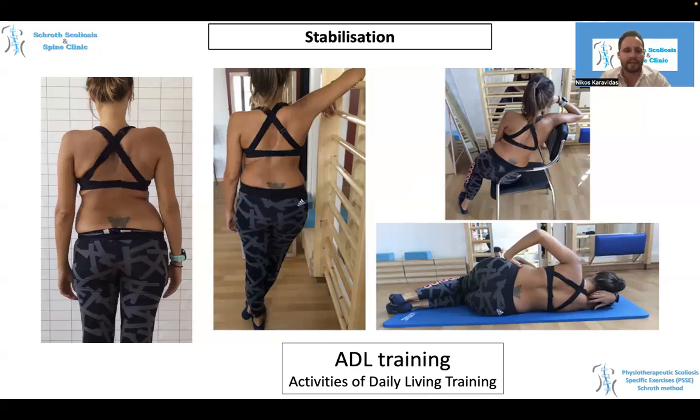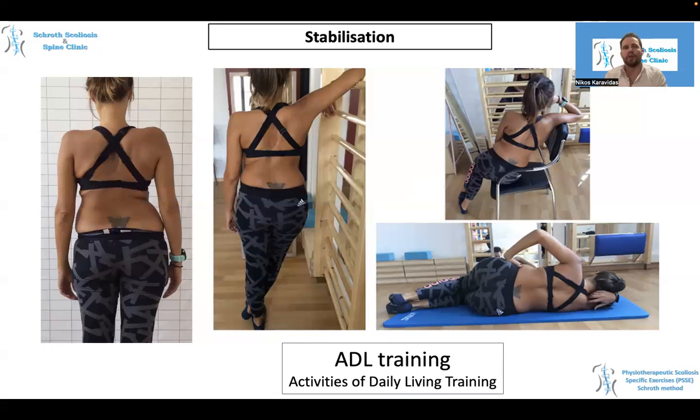And I need to clarify something for the activities of daily living training. The concept is to get some correction for the main curve, and at the same time, of course, you don't expect that you can get the perfect 3D correction that we give to the patient during the exercises.